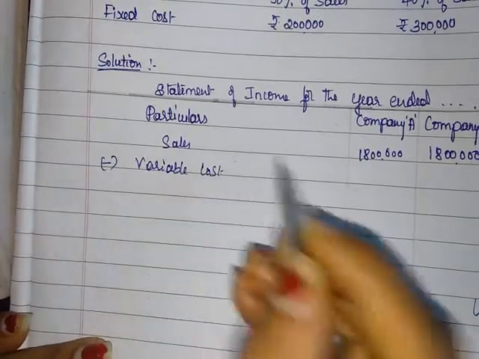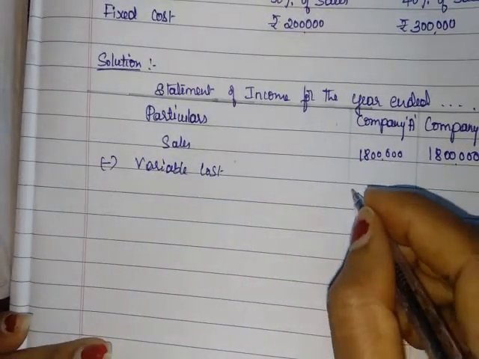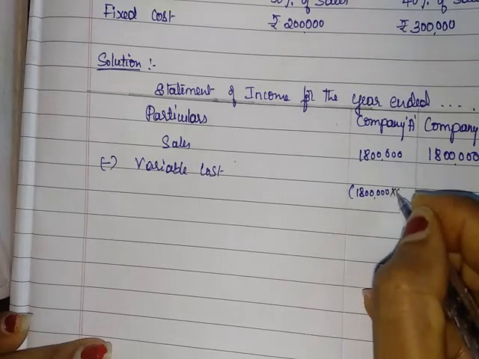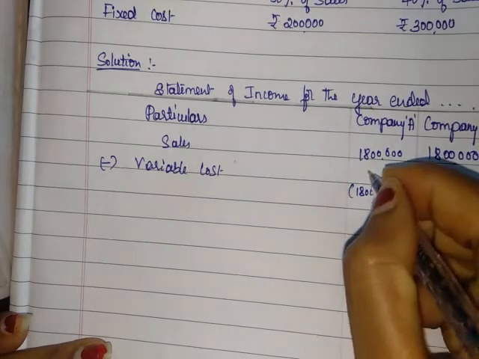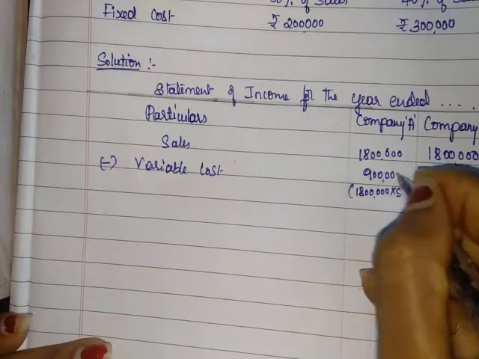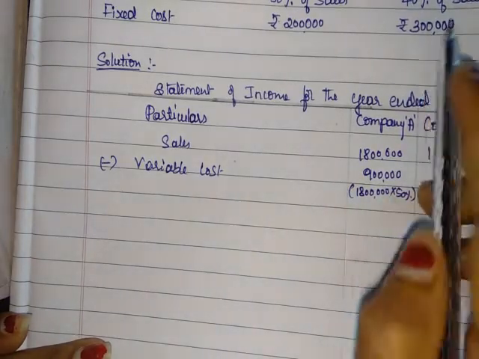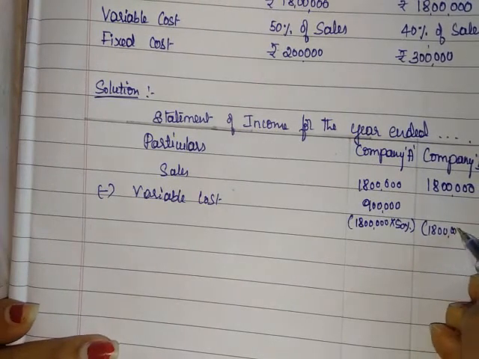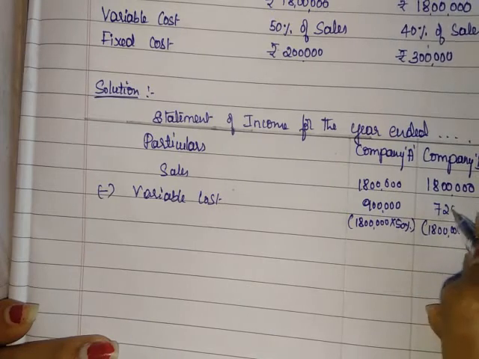Variable cost here in case of first company A is 50% of sales. 18 lakh into 50% is 9 lakh. Then company B, 40% of sales, so 18 lakh into 40% is 7 lakh 20,000.